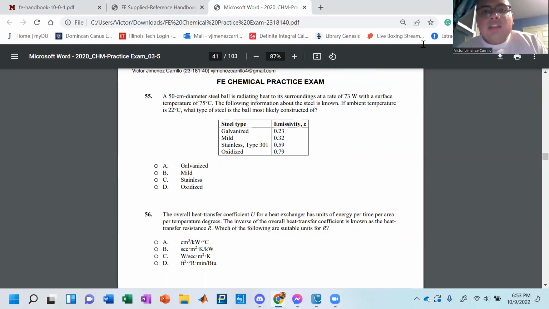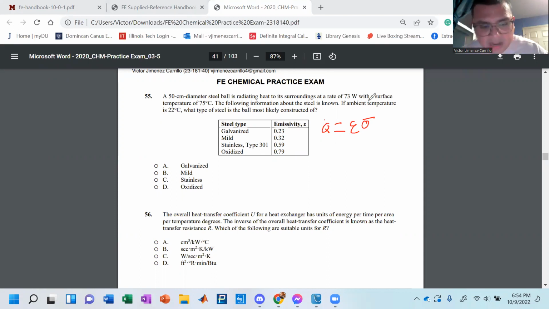Well, they're giving you data on emissivity, and you're going to be a smart son of a gun, and you're going to say, well, I don't know what that is, because I didn't. And you go to your FE handbook, and you control F, emissivity, and it'll actually show you an equation, the only one in the whole book, which is Q equals E, which is emissivity, sigma, which is a constant.